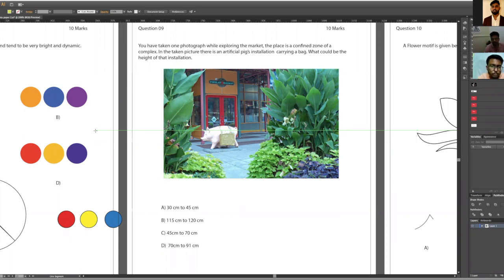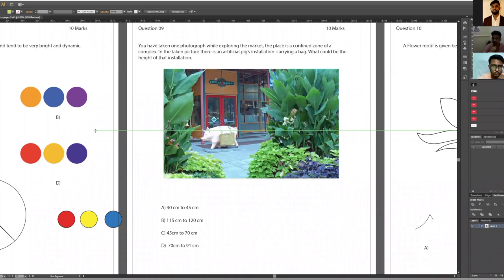So if we go for half of 210, it's 105. Less than that means approximately 80 to 90 centimeters. So over here we have option D, 70 to 91. I opted for that. Okay, I like your approach, how you got the answer.